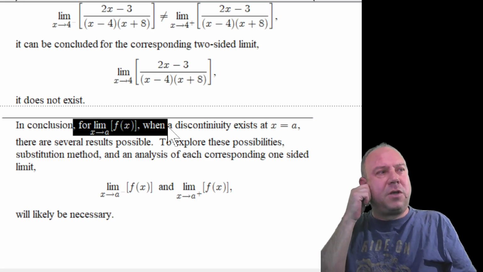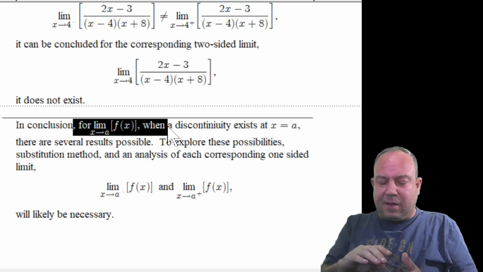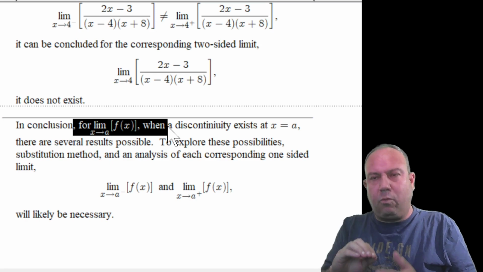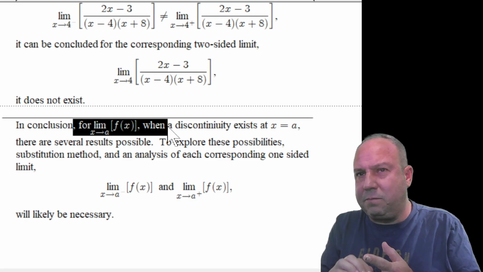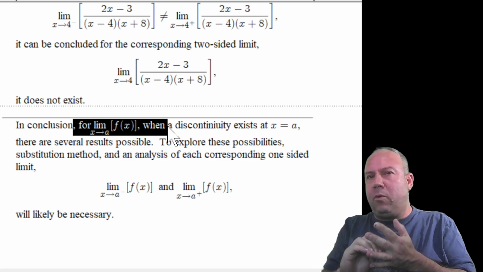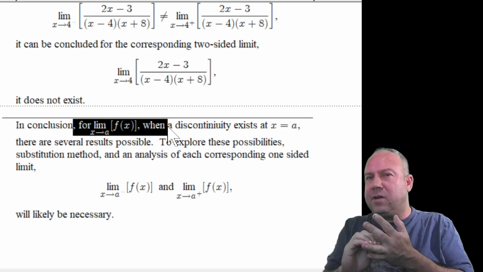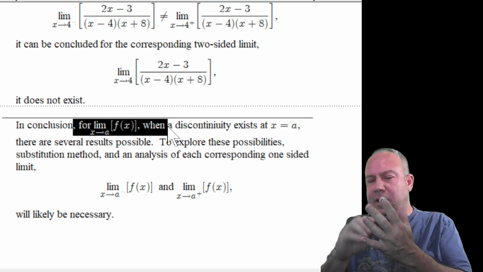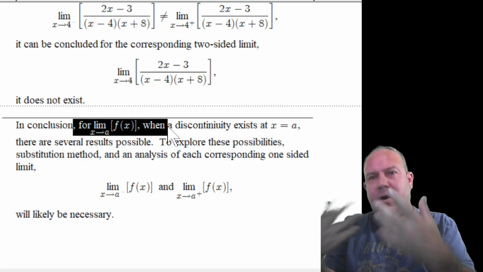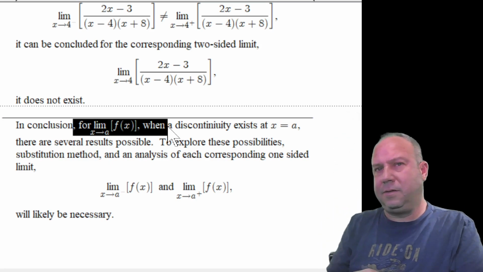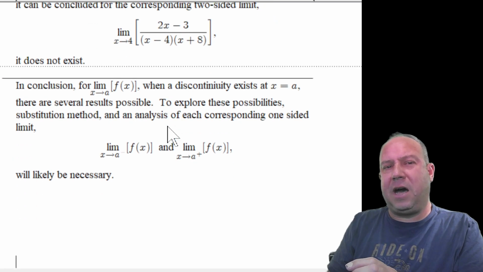So I always say you can try substitution, watch it in the case of piecewise for discontinuity, but in the non-piecewise case, if you encounter an undefined result, in either of those situations, you're going to want to seek out two-sided limits, piecewise or not.